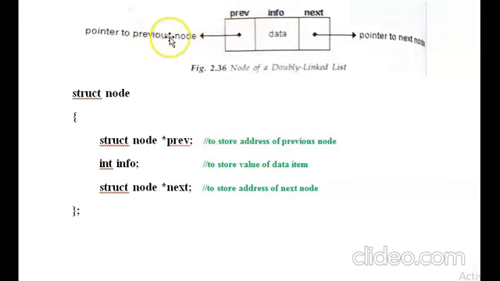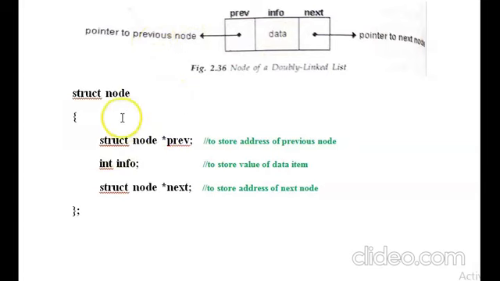PREV is also pointing to the node structure, so is next. So there are two self-referential pointers in a doubly linked list. The main advantage of using such a structure is that we can move in the forward direction as well as in the backward direction.